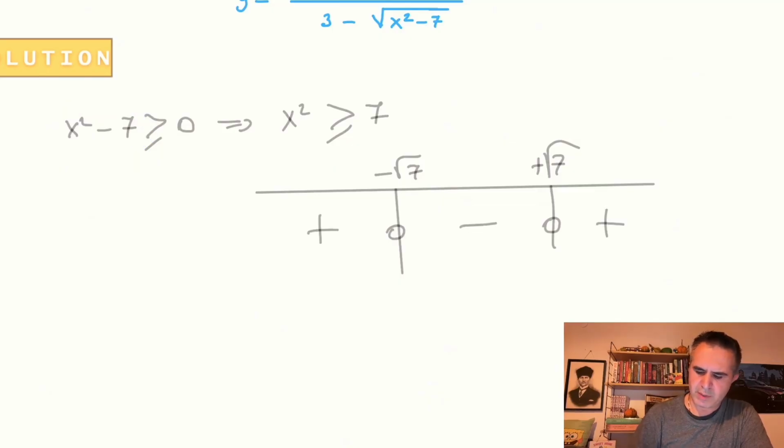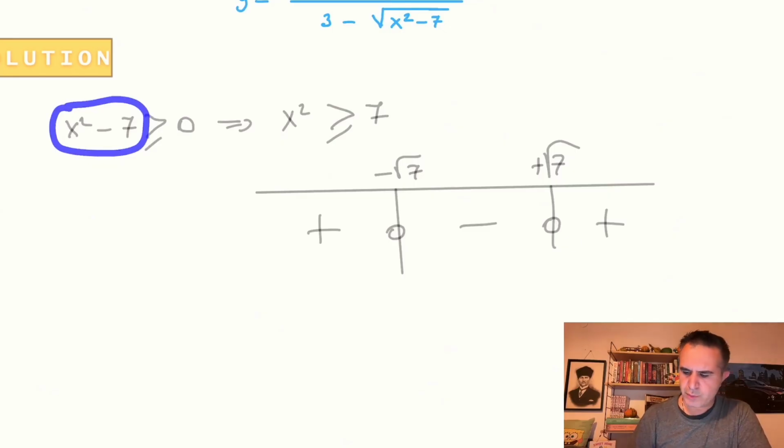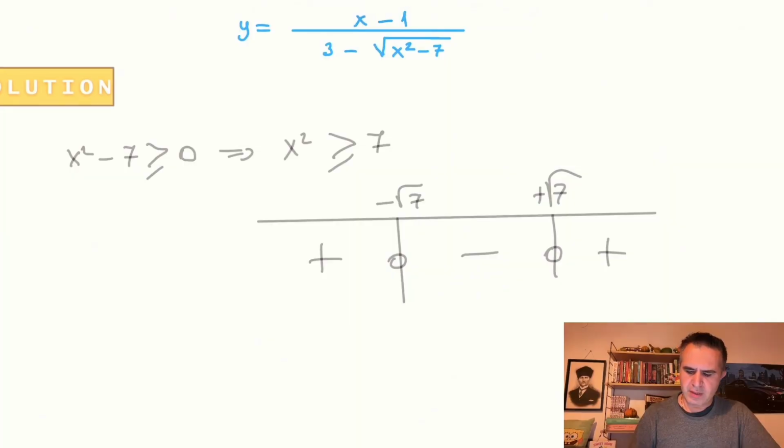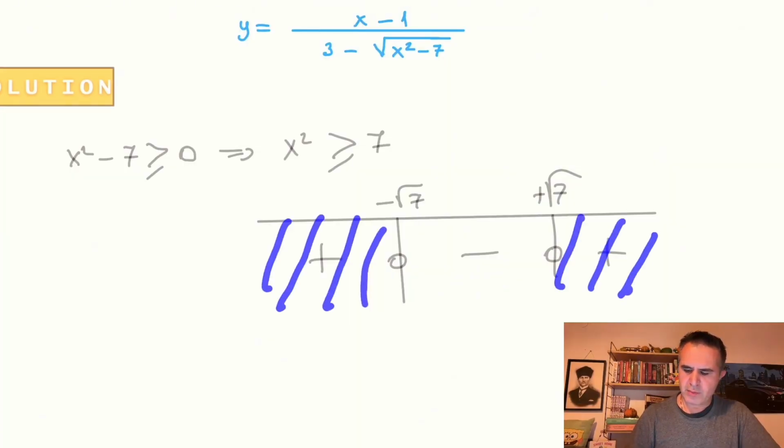Plus, minus, plus. x squared minus 7 is positive here. x squared minus 7 is also positive here, and between minus square root of 7 and plus square root of 7, x squared minus 7 is negative. So we need it to be positive.